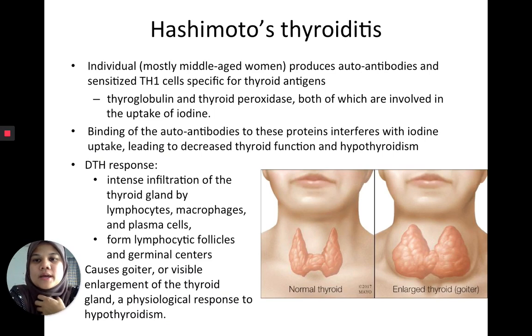When the autoantibodies bind, it interferes with the iodine uptake and leads to decreased thyroid function and causes hypothyroidism. So you'll have this condition of an enlarged thyroid, or goiter, as we call it. It also results in a DTH response, where you have intense infiltration of lymphocytes, macrophages, and plasma cells, and they form these follicles with germinal centers.